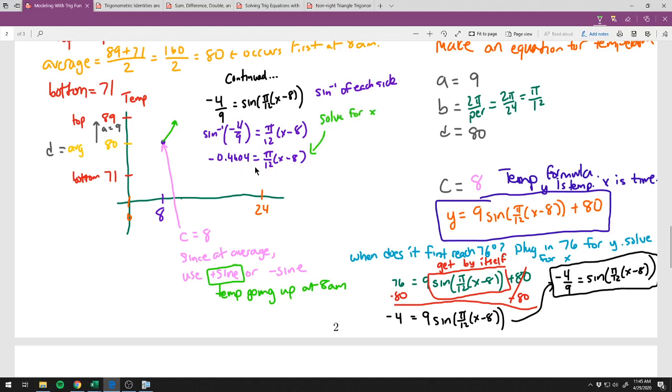All right, so what I would do first here is multiply by 12 over pi, the reciprocal of that, to get the x minus 8 by itself. We multiply -0.4606 by 12 over pi, and then that becomes x minus 8 because the pi over 12 cancels out. Now multiply these two together.